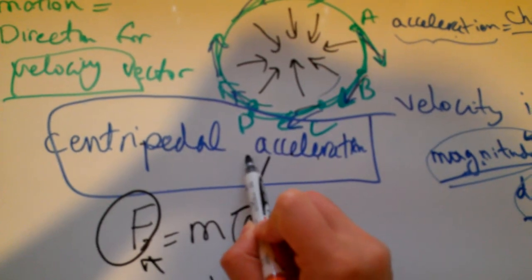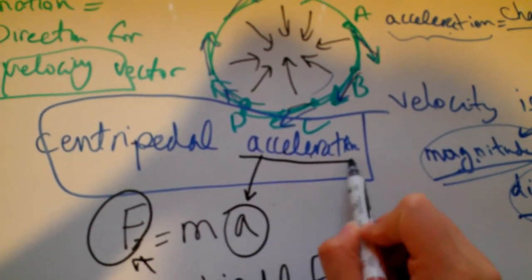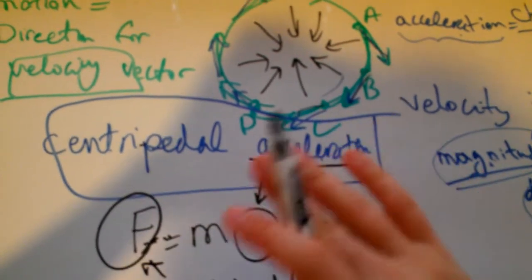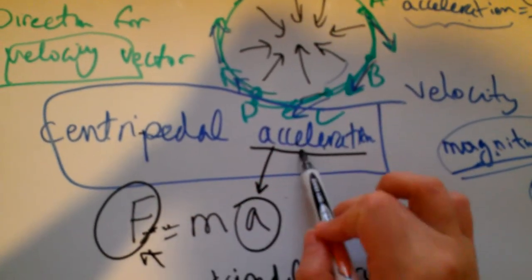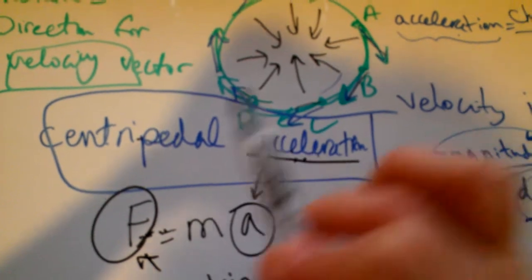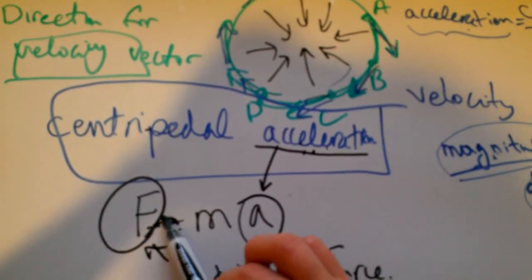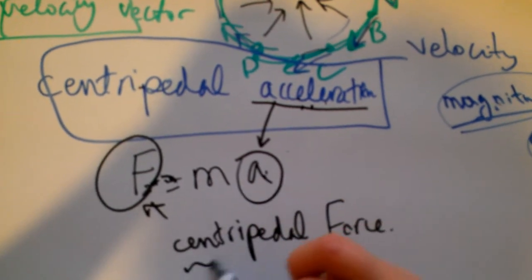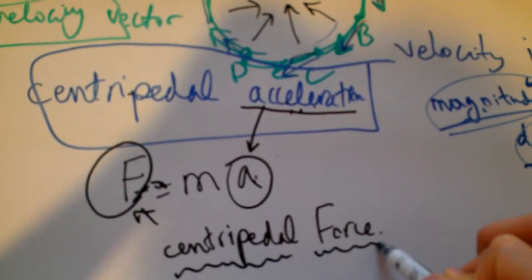I also said whenever we have acceleration, we gotta have some force. No acceleration, no net force. Non-zero acceleration, you gotta be having some force going on. The force that's related to the centripetal acceleration is called centripetal force.